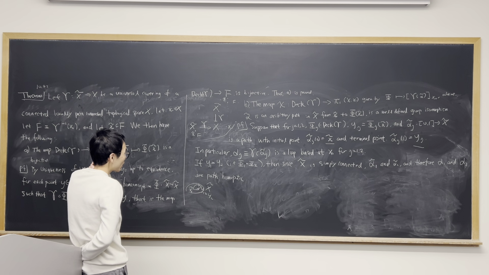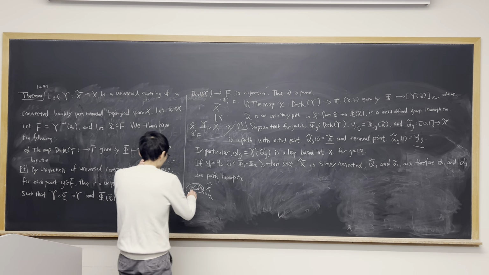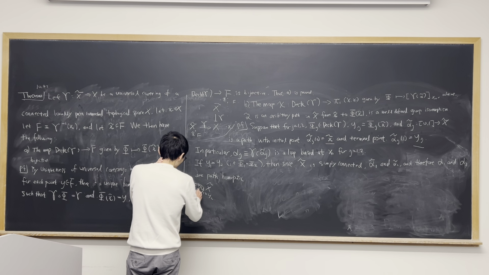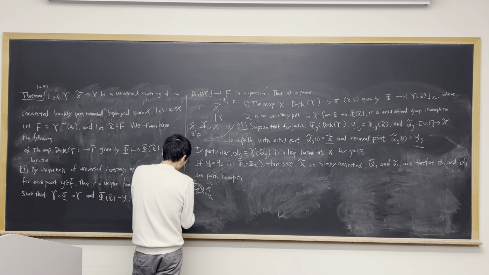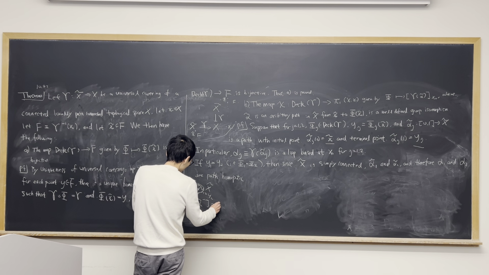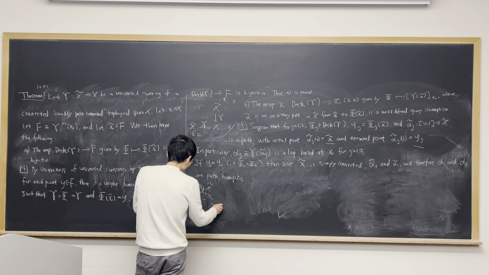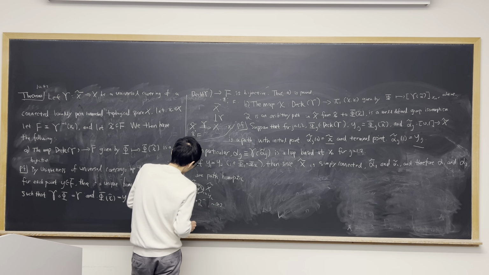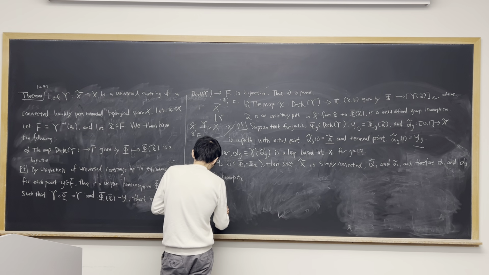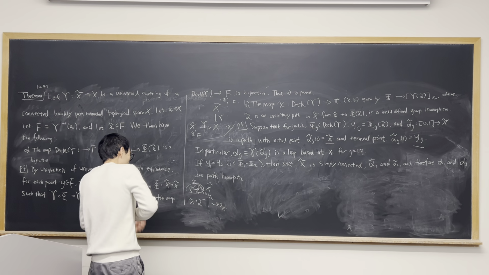This is alpha 1, and this is alpha 2. You know that alpha 1 followed by the negation of alpha 2 is homotopic to the constant loop at the base point, right? Yes. Okay, so this you know.